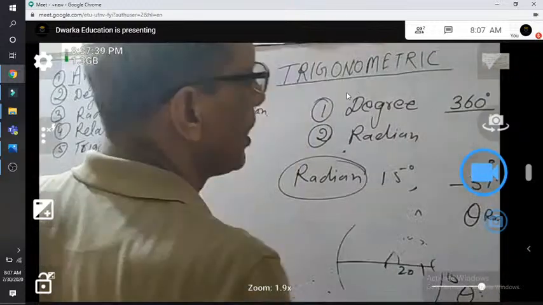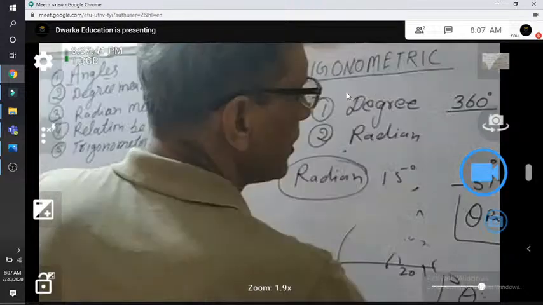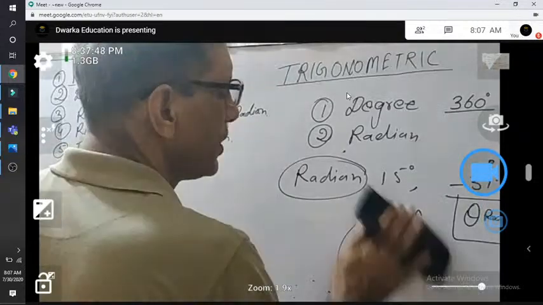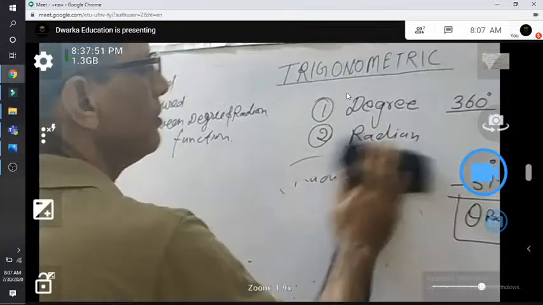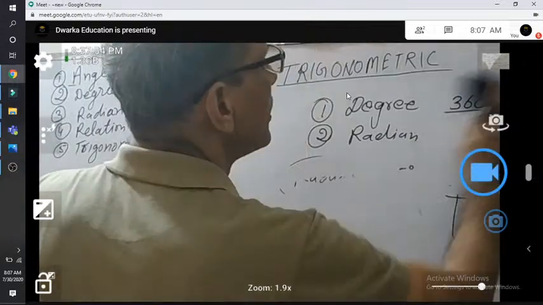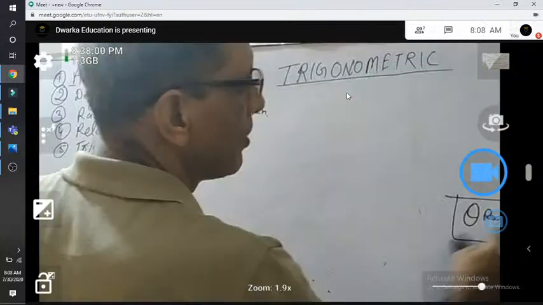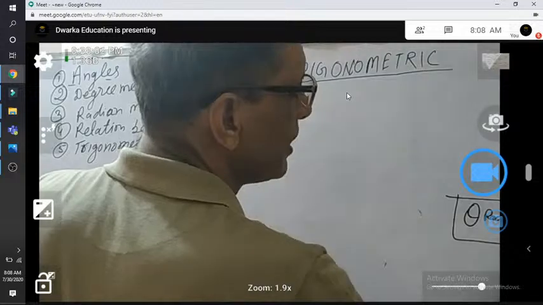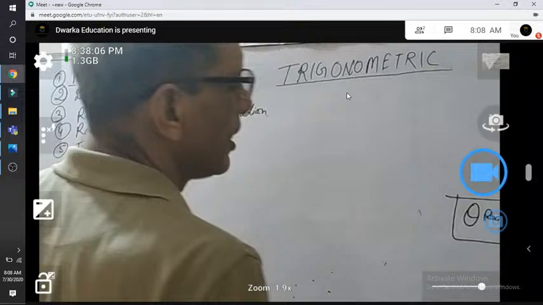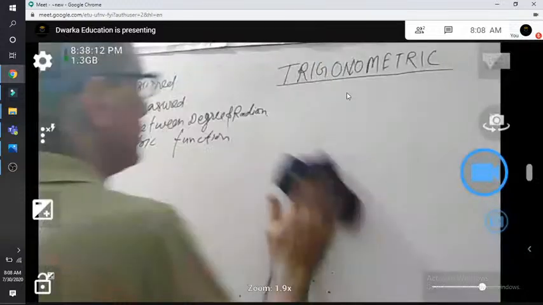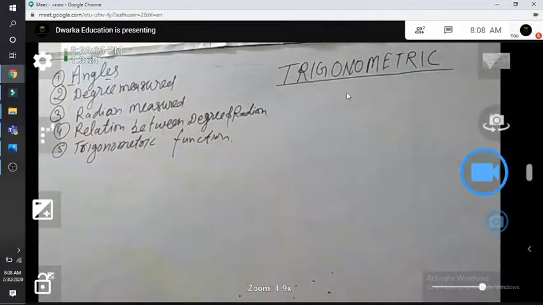This is an important formula: theta radian is equal to L by R. If radian and radius are given, then we find out the length of the arc, and we can find the circumference. And now we come to the trigonometrical function.